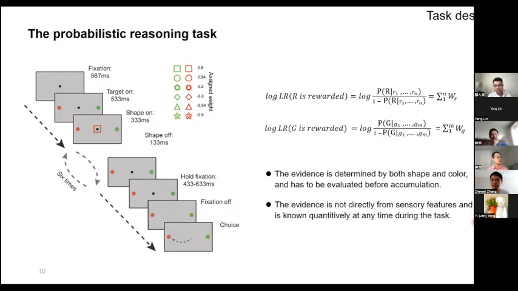For example, let's say the red or the green square means a high probability that the target is the green one, right? Right. But if it's a minus value, it means the high probability is the opposite color, right?